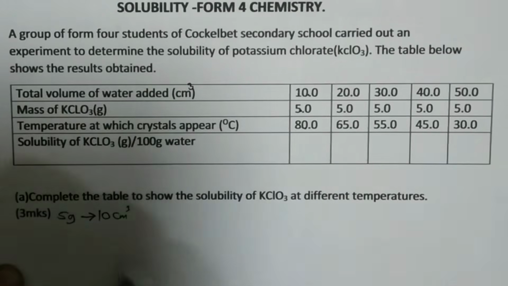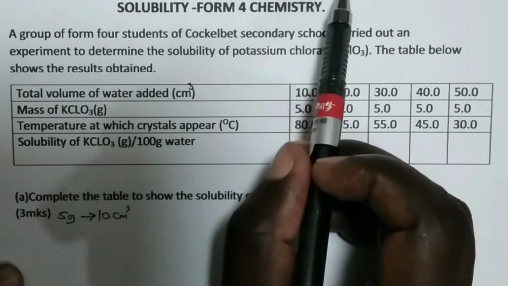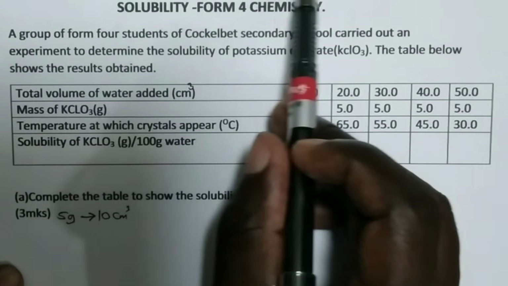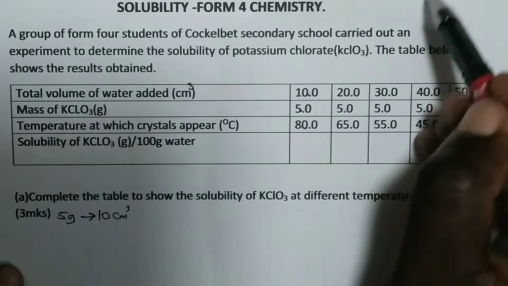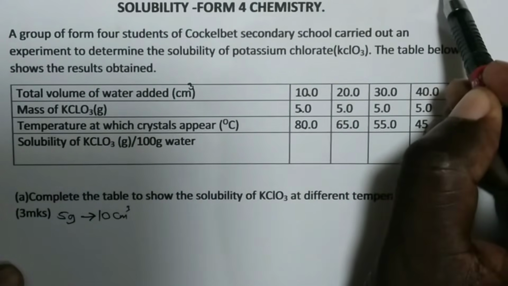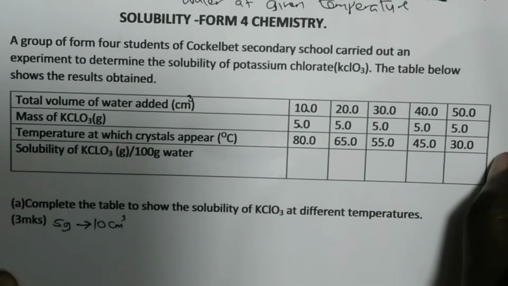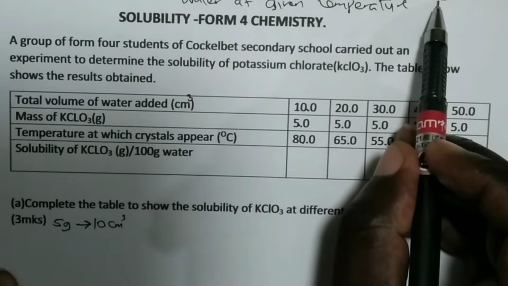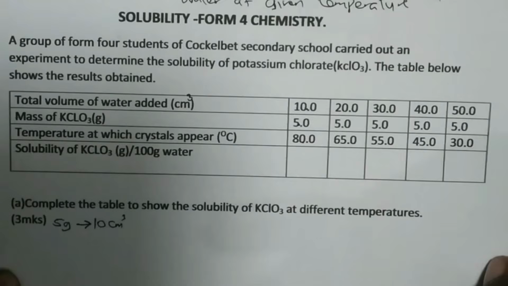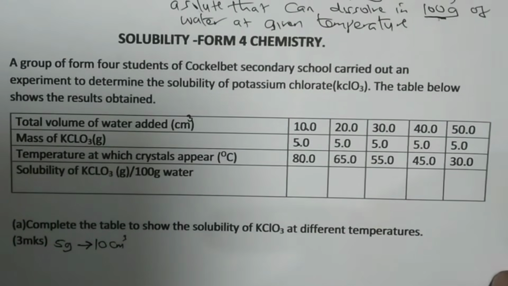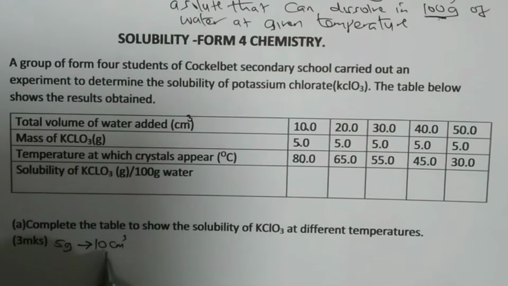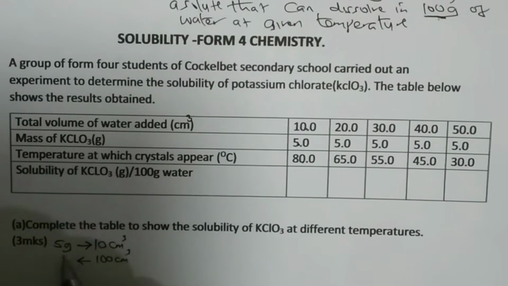Remember, solubility is the maximum number of grams of the solute that can dissolve in 100 grams, and 100 grams means 100 centimeter cubic of water. In this case now, if 5 grams dissolves in 10 centimeter cubic, what mass can 100 centimeter cubic dissolve at the same temperature?